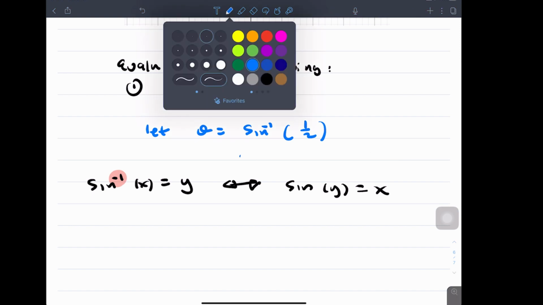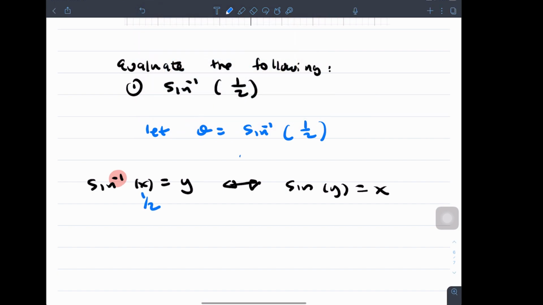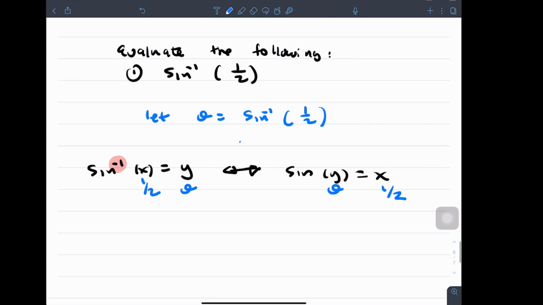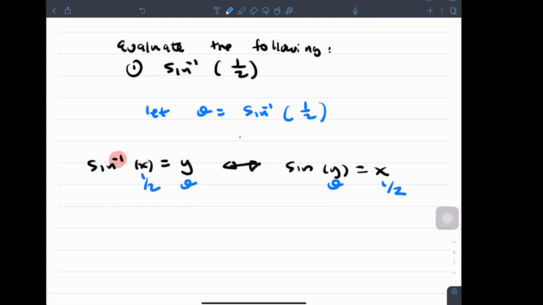What are we saying now? They're saying this is 1/2 and this is theta. You guys okay with that? What do we say it's equivalent to? Theta and 1/2. This is the definition. So what this now means is sine theta equals 1/2 by definition.